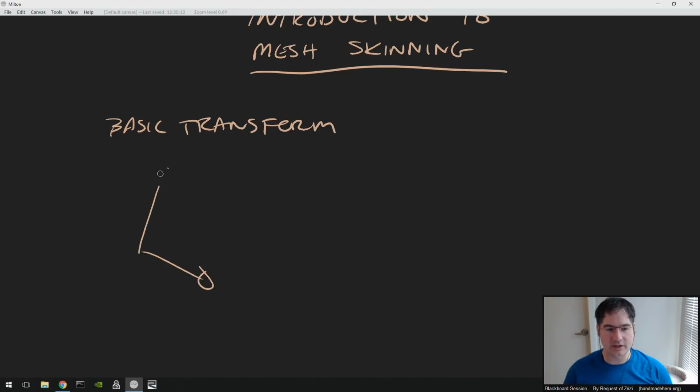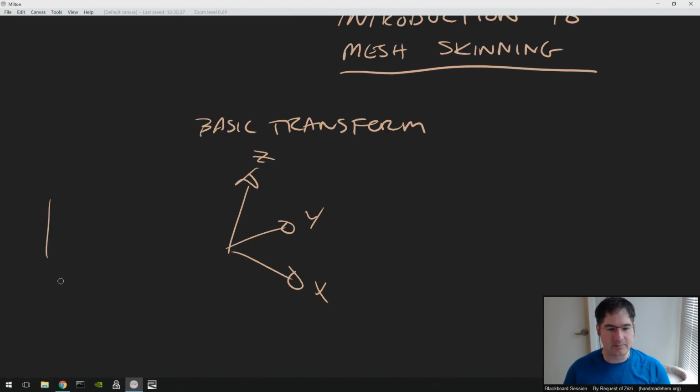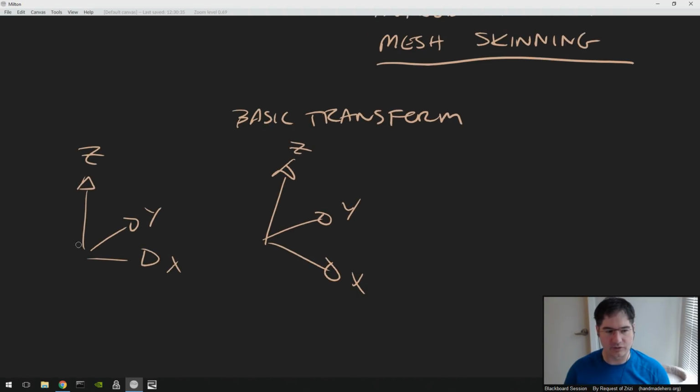When I draw a coordinate frame like this and say that we can write a transform that takes a basic coordinate system like this one from some orientation that is considered a rest pose or a neutral modeling pose, around which we build some kind of a shape, right?